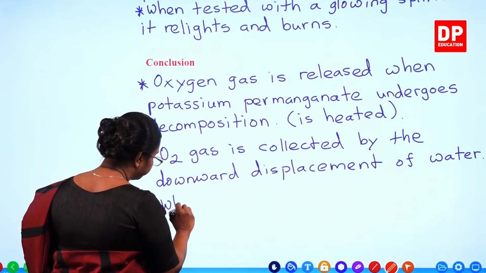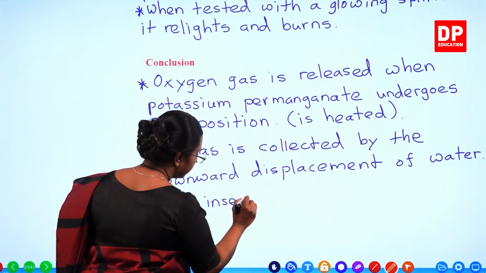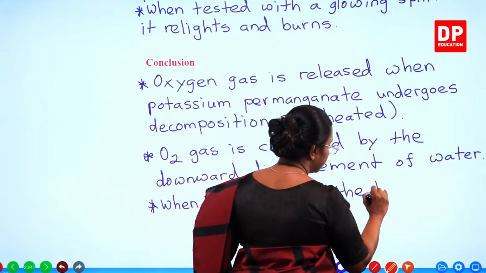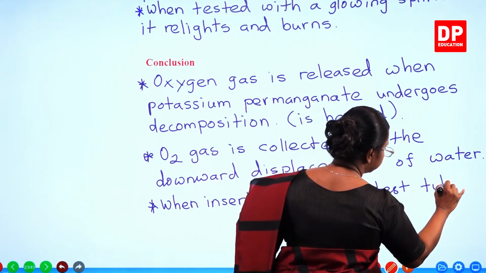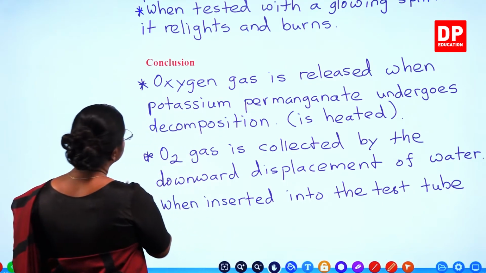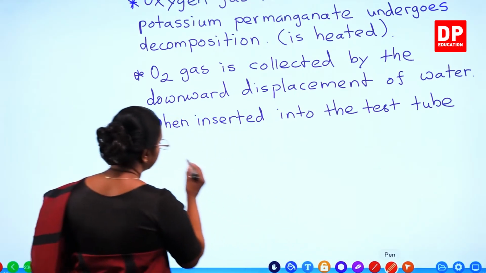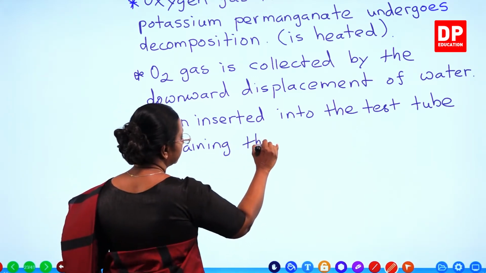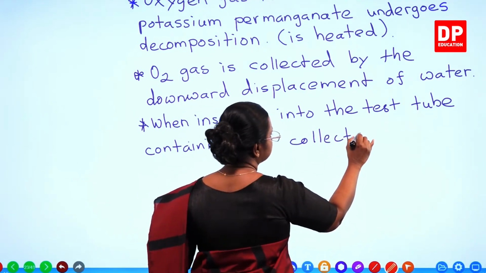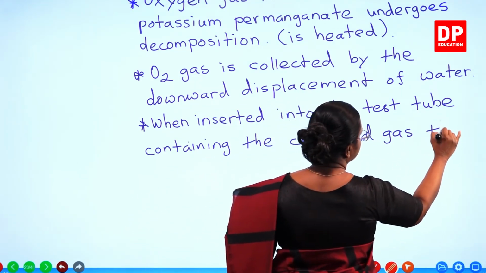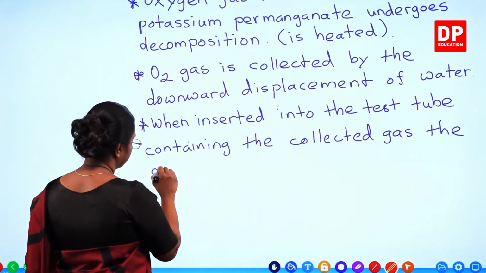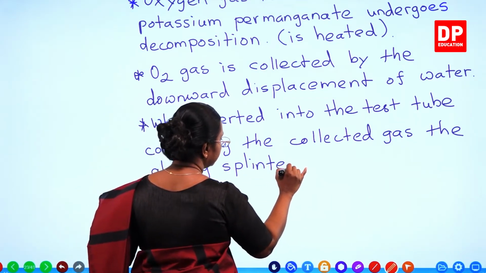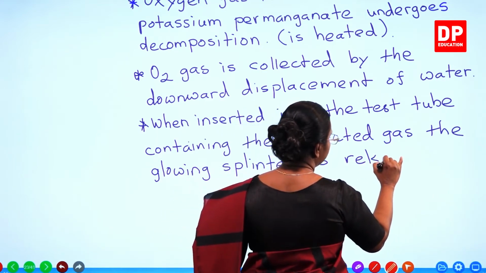So when inserted into the test tube containing the collected gas, the glowing splinter is rekindled.